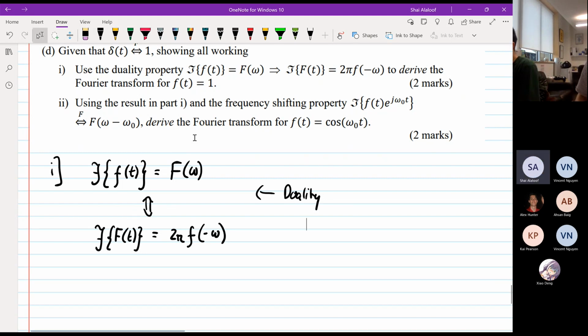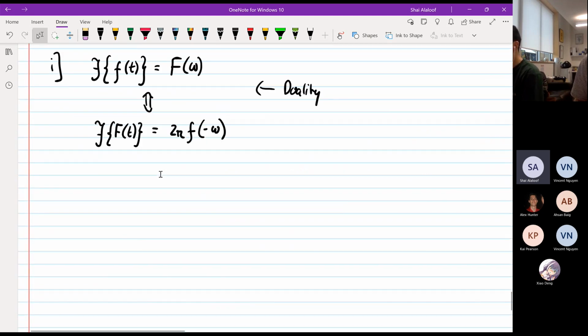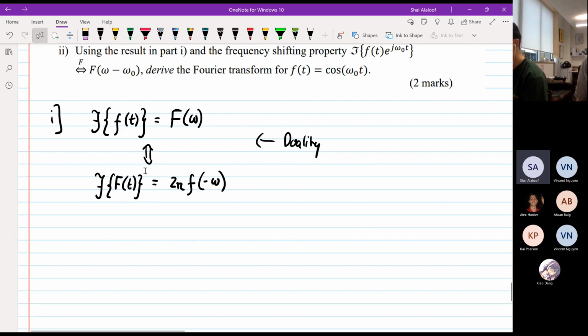Okay. So using the duality property, derive the Fourier transform for f of t equals 1. So we want to derive what the Fourier transform for just 1 is. So it would look like this, as in that's the time varying signal. Okay, so I'm going to sub in the Dirac delta function now, so 1 implies 2.